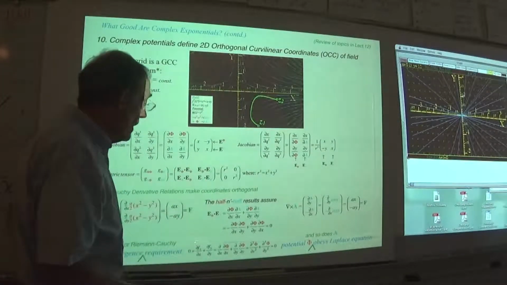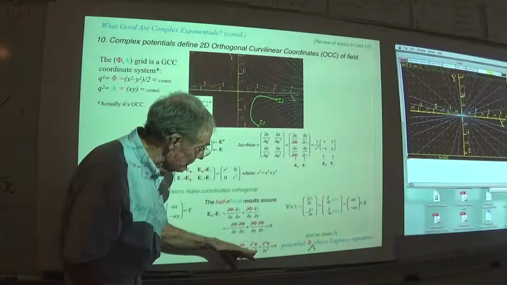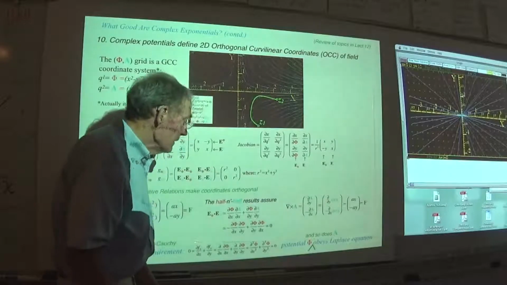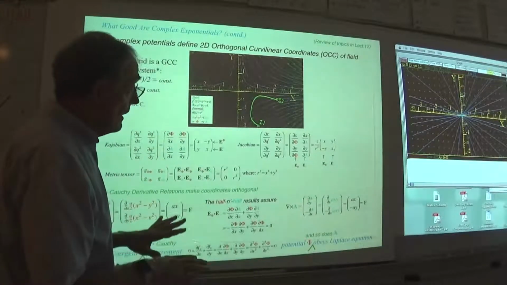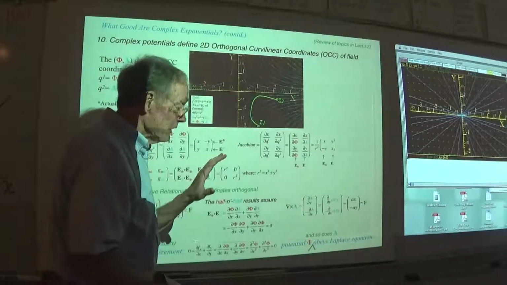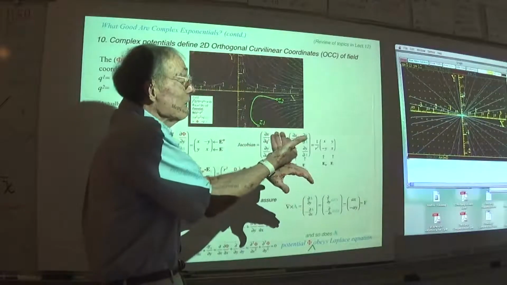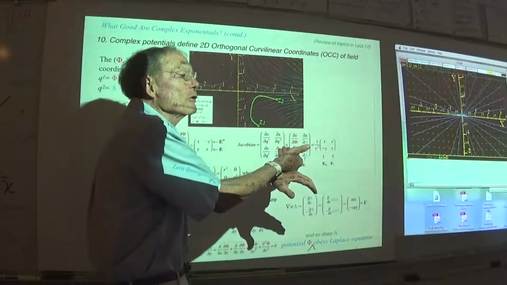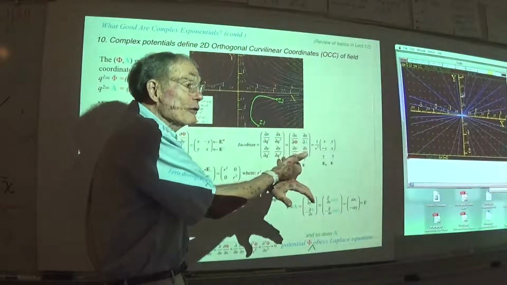The Laplacian operator is a sum of the second derivatives in both the independent variables x and y. So what that means is, if you have some curvature this way in a neighborhood, you've got to have opposite curvature at every point the other way. The curvatures have to cancel.